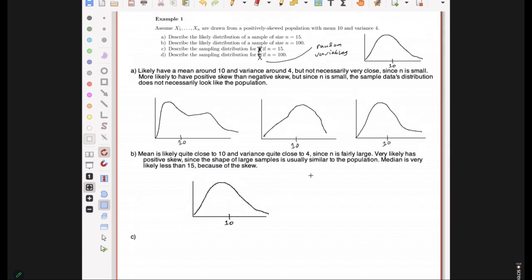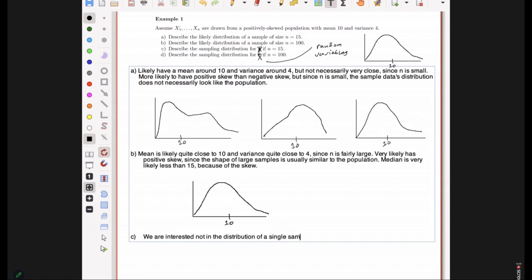Now, part C, we are asking about the sampling distribution for X bar. I'll say we are interested not in the distribution of a single sample, but in the distribution of possible values for X bar itself.